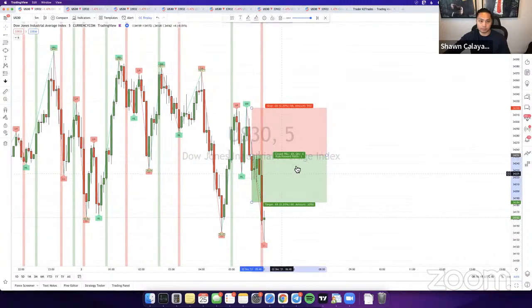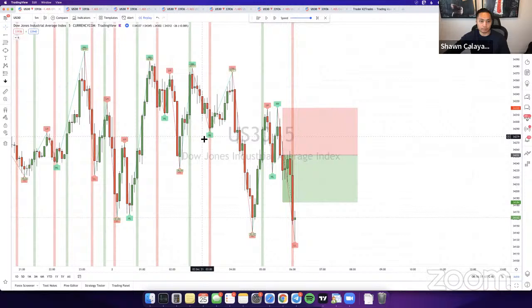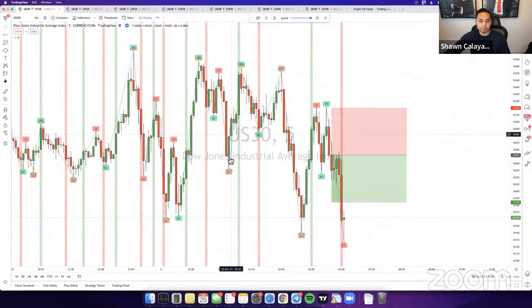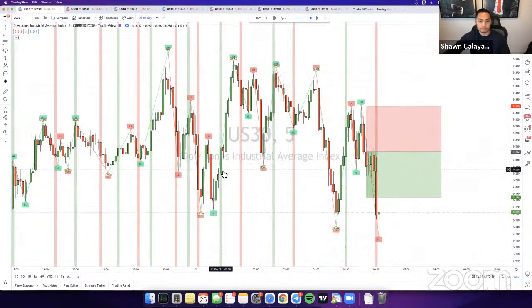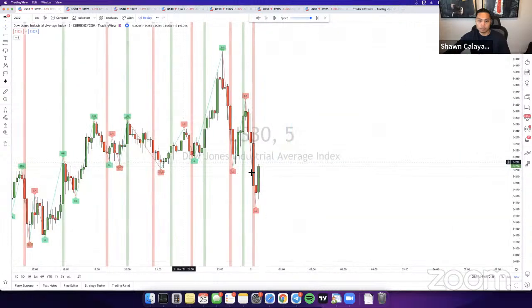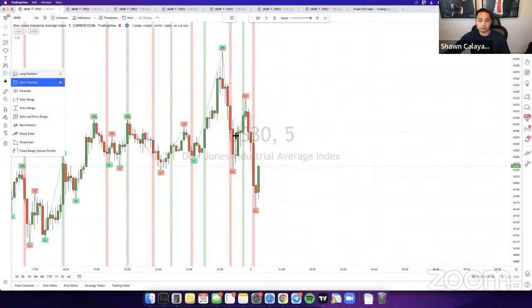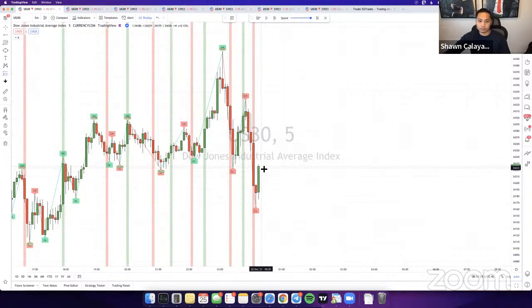So full TP right there, Maddie. It's random. We just pulled up a random time. Again, right here. So again, right here, you have a low, green candle after it. Long position right here.